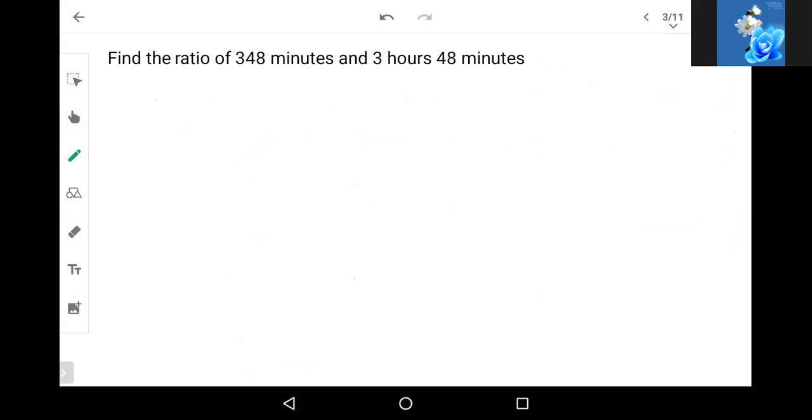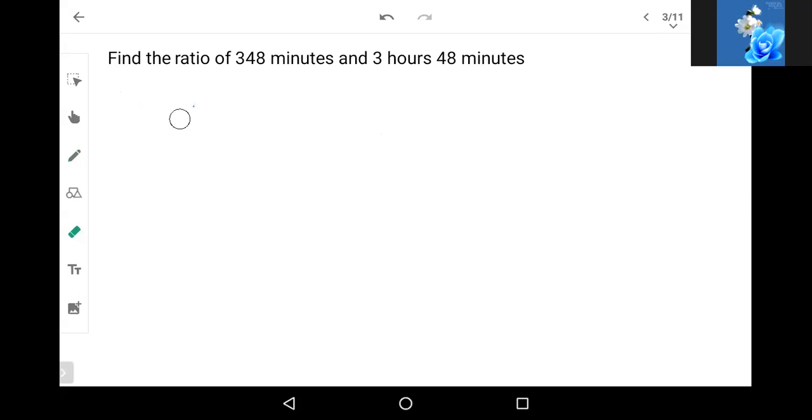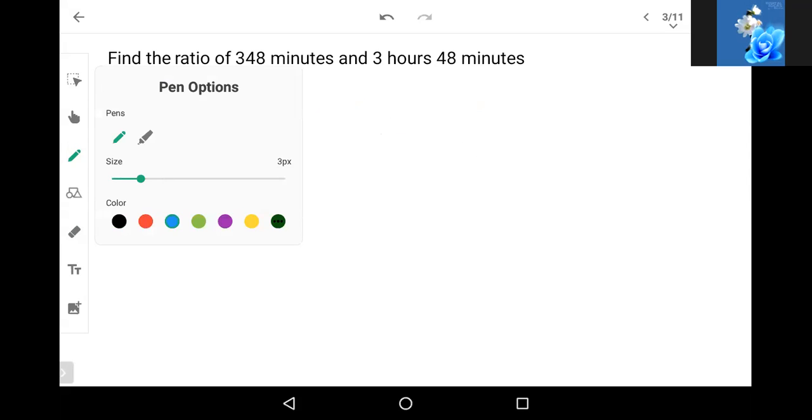One side you have minutes, the other side you have hours and minutes, right? So we have to convert the hours also into minutes so that we will have the same unit to find the answer.